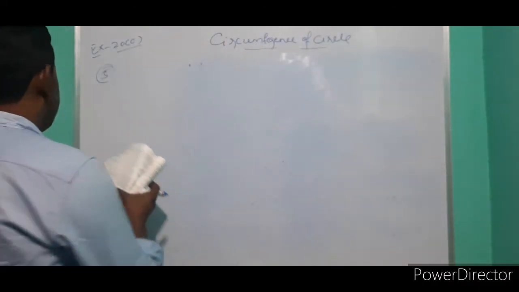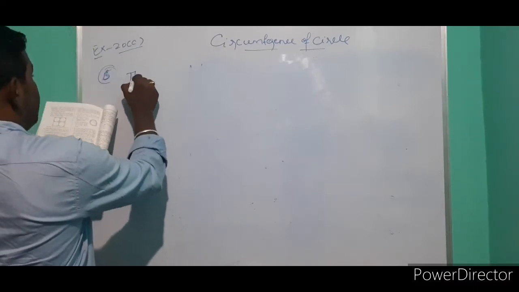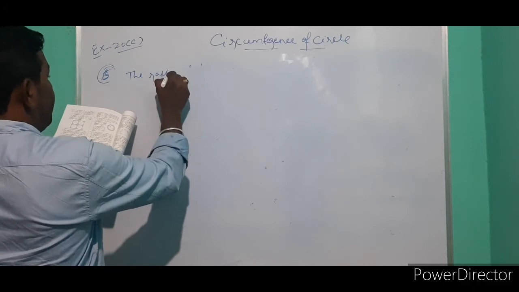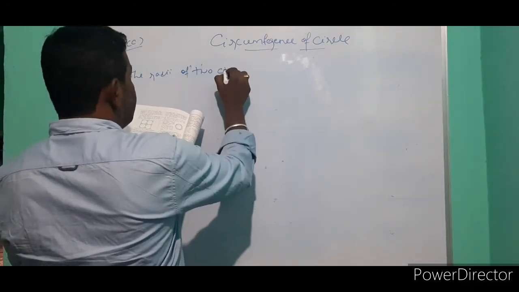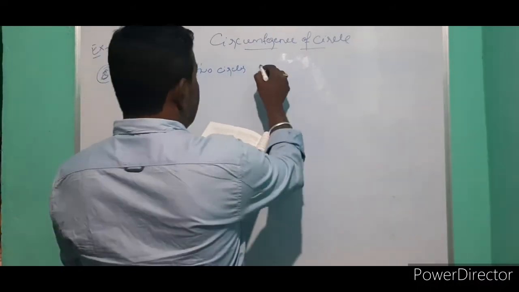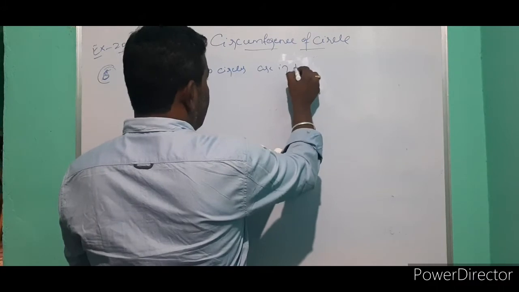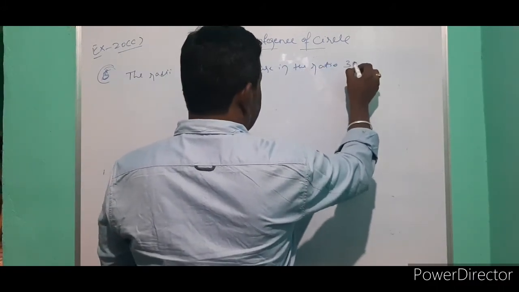Next problem, sixth one. The radii of two circles are in the ratio 3:8.